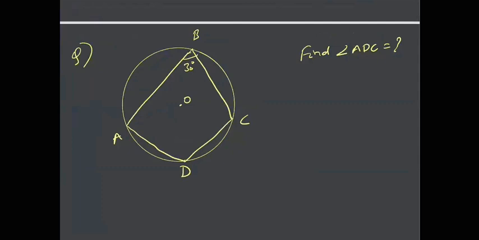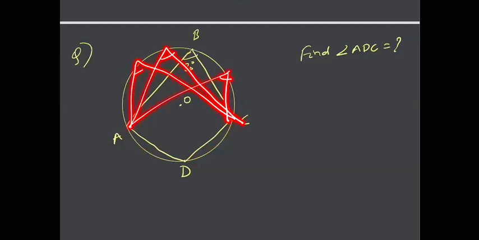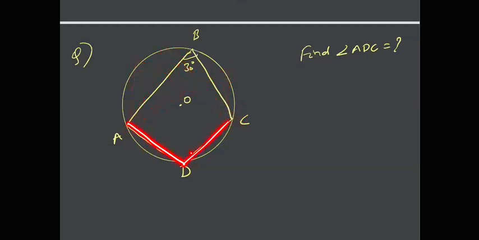Fine. See, arc AC subtends 30 degrees, right? So arc AC subtends 30 degrees on the alternate segment, right? Because arc AC subtends 30 degrees on the remaining part of the circle. So this angle would be 30, this angle would be 30, this angle would be 30. So all these angles would be 30, but this angle will not be 30.